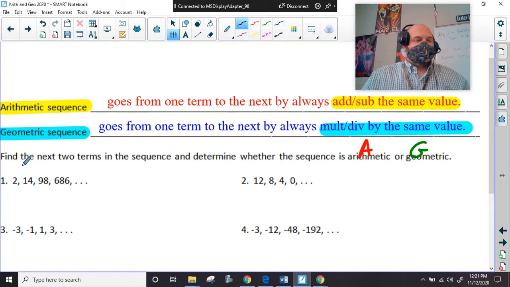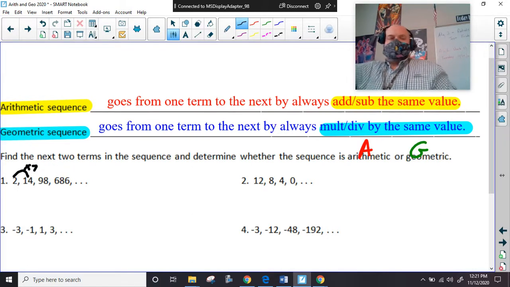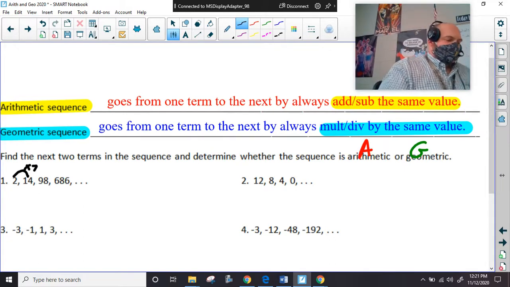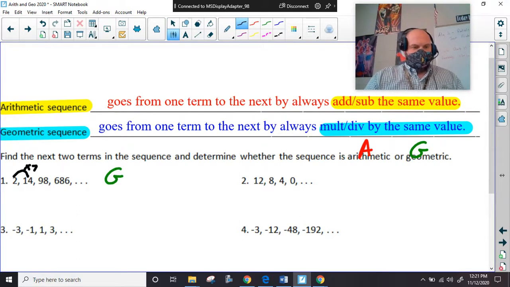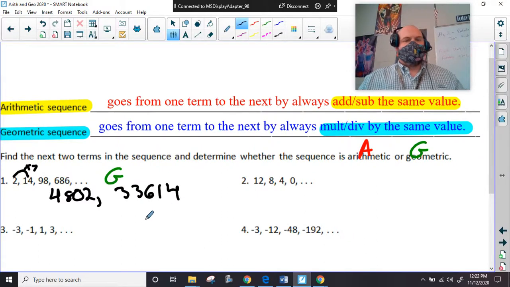Let's look right here. How do we get from 2 to 14? It looks like we're multiplying by 7 each time. So 686, and because it is multiplying, we should already know this is geometric. 686 times 7 is 4,802, and 4,802 times 7 is 33,614.